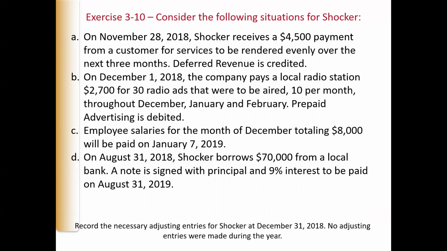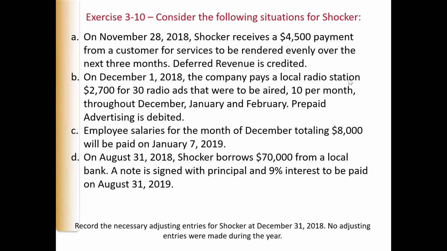Deferred revenue is credited. So guys, what I do first is I go, okay, what does all this mean? What it means is Shocker's the company that obviously owns a building, received $4,500 up front for 3 months of rent. So cash was debited, deferred revenue was credited at that time.